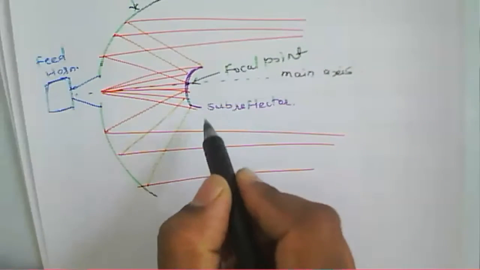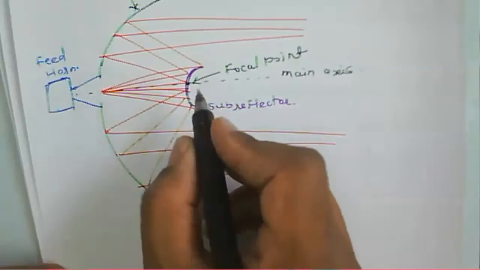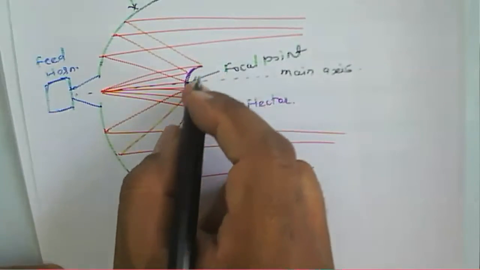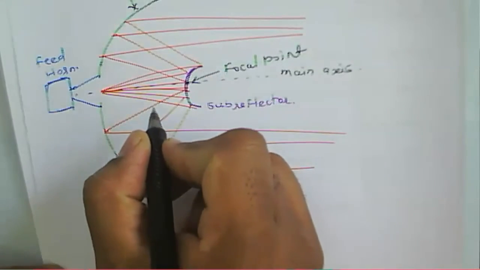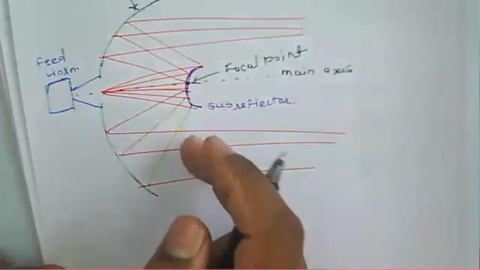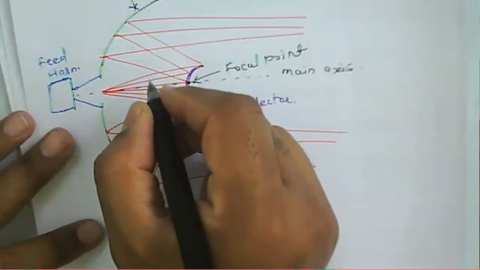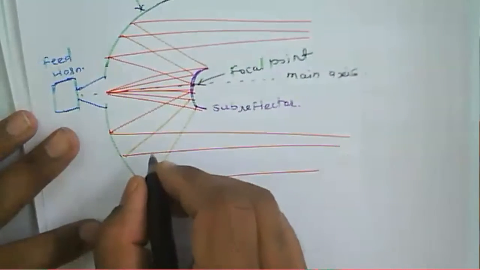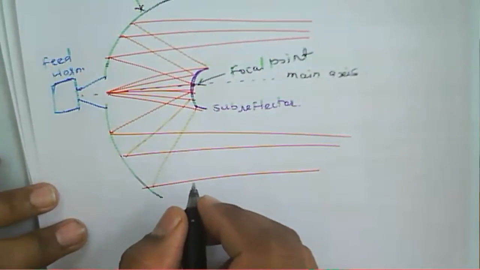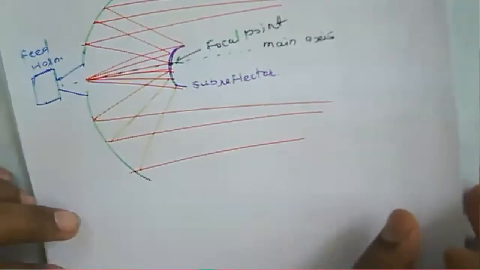If the subreflector is concave toward the main reflector, then the antenna is called a Gregorian antenna. This one is a convex subreflector, so that's why it is called a Cassegrain antenna.